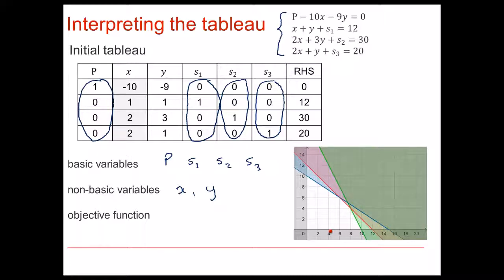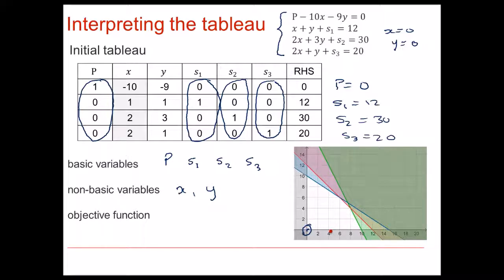Now initially the simplex method is starting from the point 0, 0. And if we were to put the values x equals 0 and y equals 0 into those equations, we would find that P equals 0, S1 equals 12, S2 equals 30, and S3 equals 20.